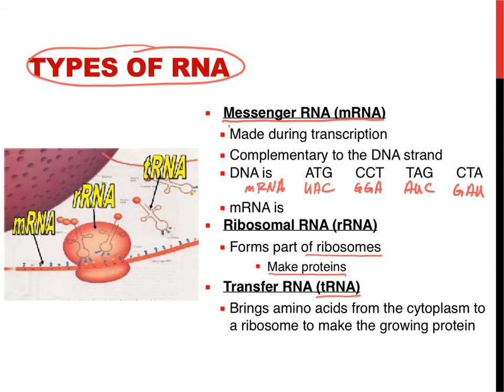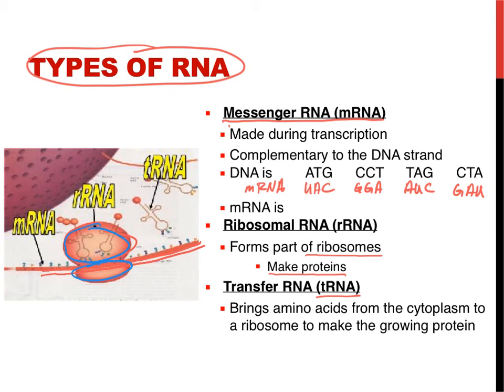Okay, with the 3 different types of RNA, they also have 3 different shapes. This would be messenger RNA, which is linear, just a long chain. Ribosomal RNA is actually 2 loops of RNA that compose the ribosome and other proteins in there.